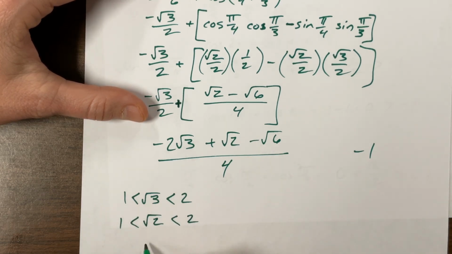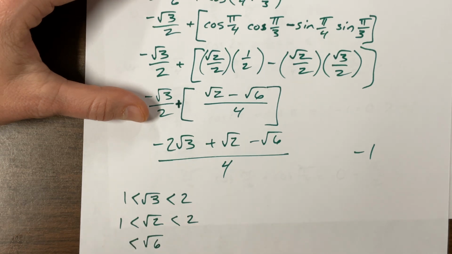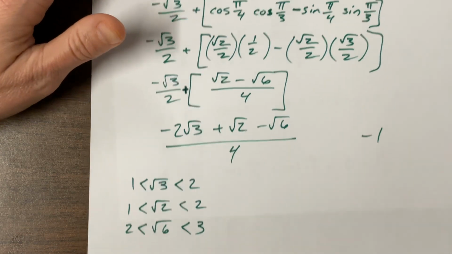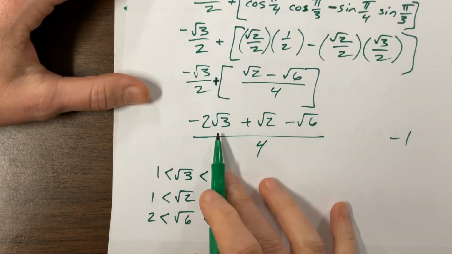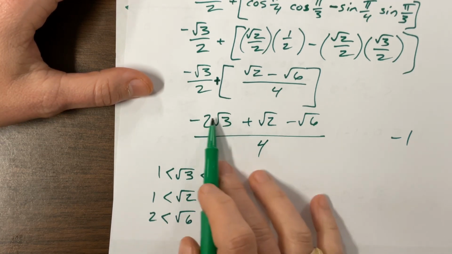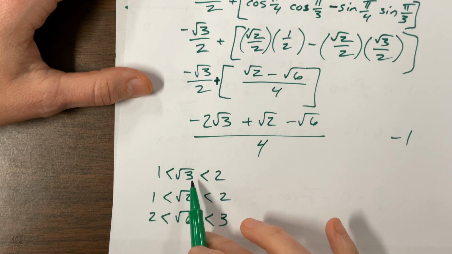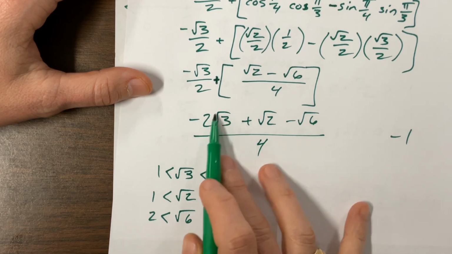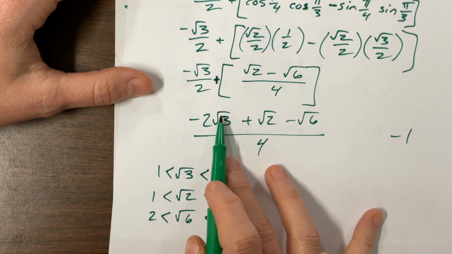But √6 is going to be bigger than √4, which is 2, and smaller than √9, which is 3. So this is going to be more negative than -2, because this is going to be a bigger value than 1 times a -2.